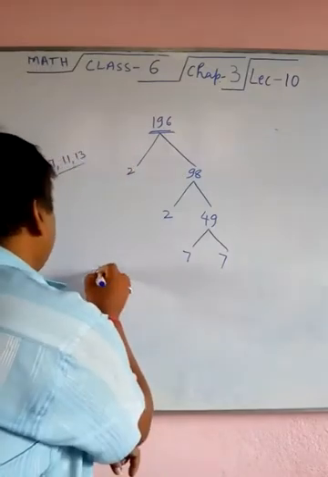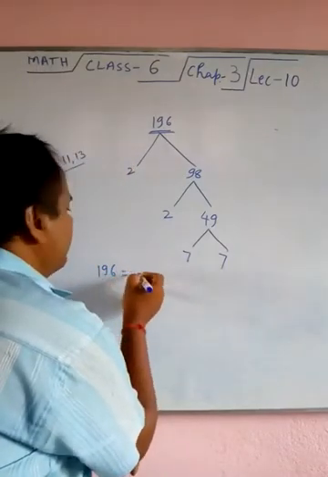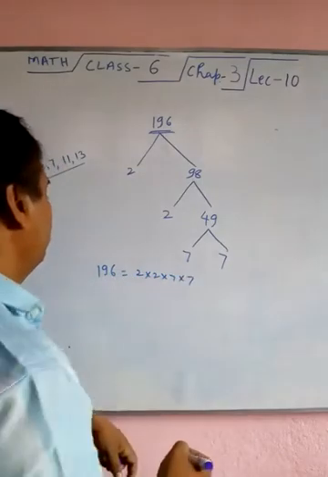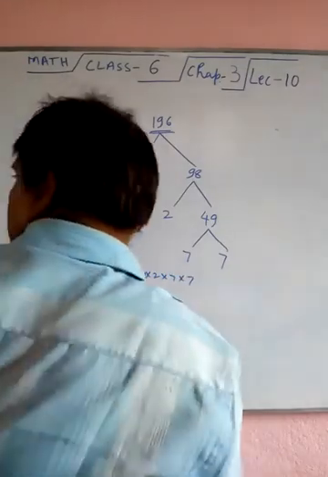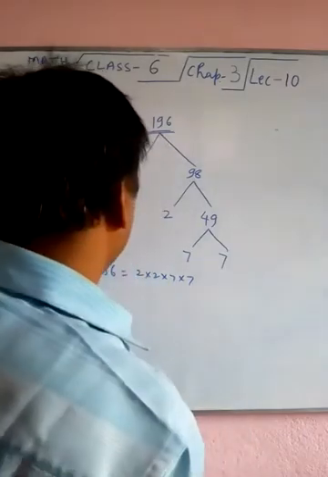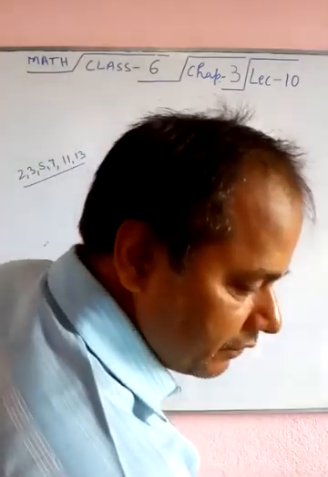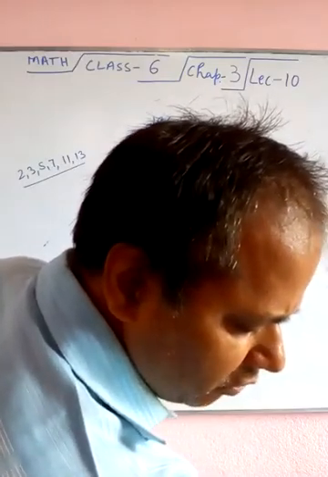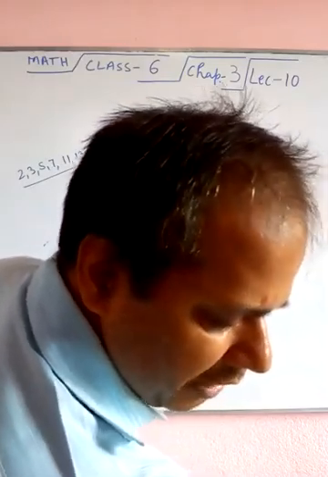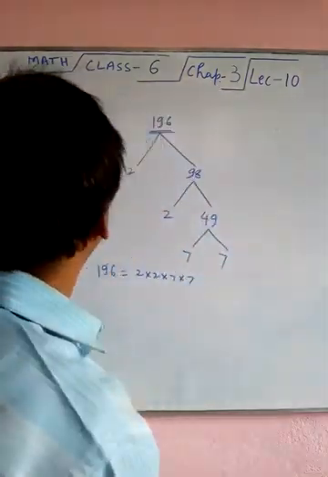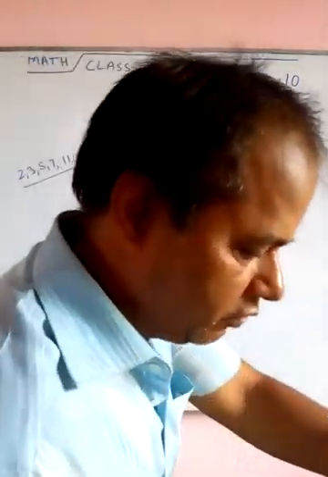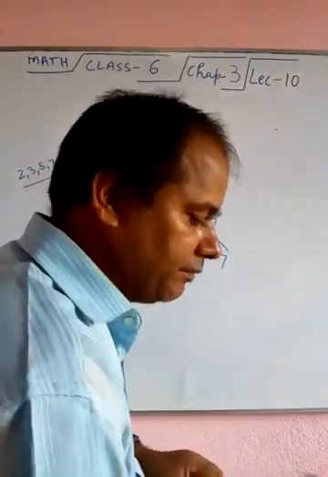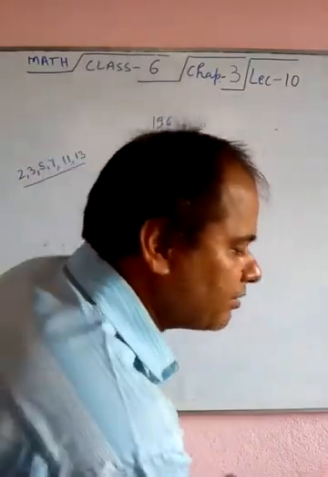So the prime factorization of 196 is 2 into 2 into 7 into 7. 196 is equal to 2 into 2 into 7 into 7 is the unique prime factorization of 196.